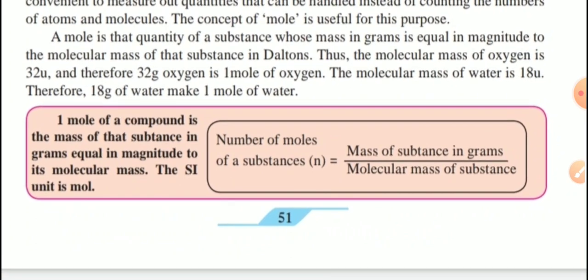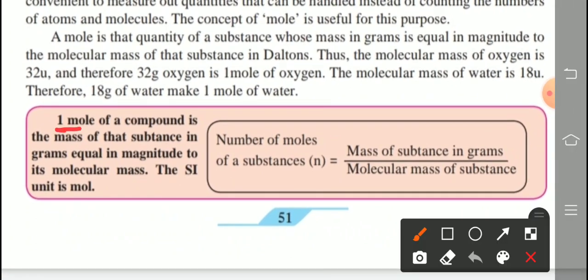So, define 1 mole here. Define 1 mole. Answer starts from here. The mass of the substance in gram equal in magnitude to its molecular mass. Now in a previous point we found out the molecular masses of some compounds. Clear?